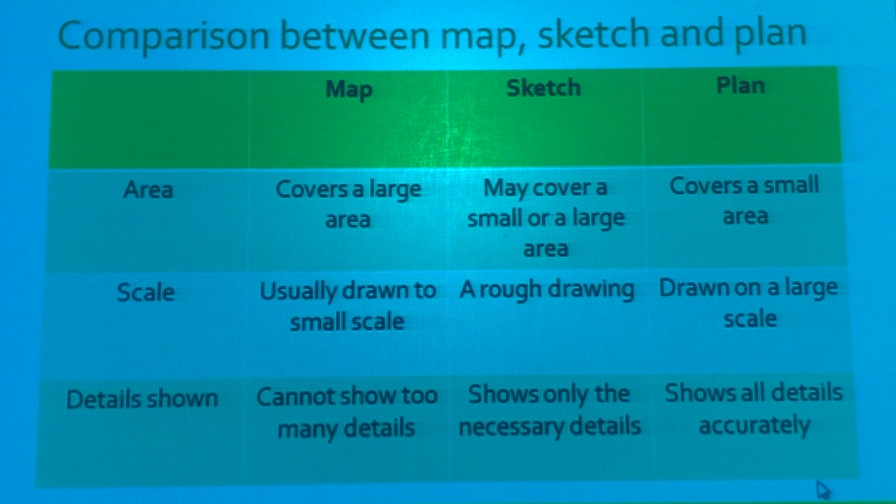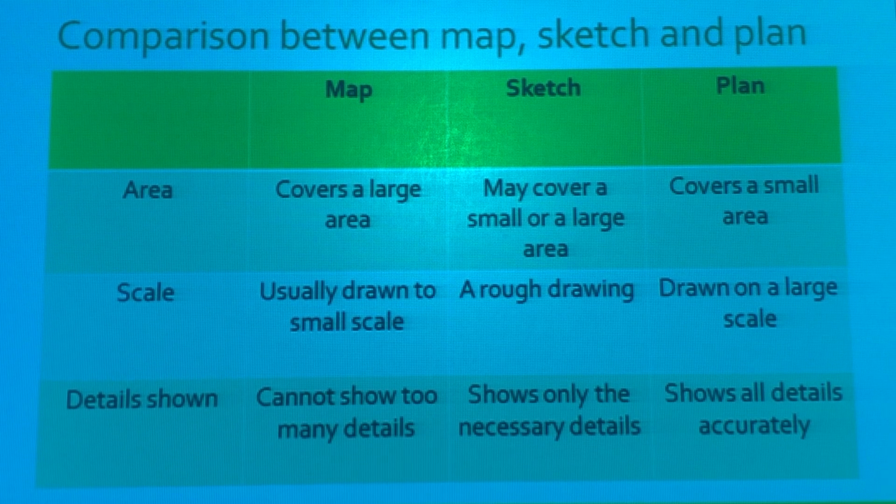Now, the comparison between map, sketch and plan. A map covers a large area and it cannot show too many details. Okay? So it is usually drawn to a small scale, whereas a sketch may cover a small or a large area.